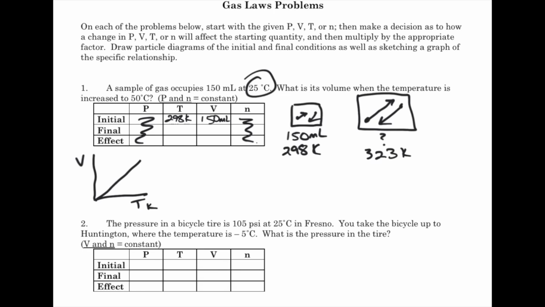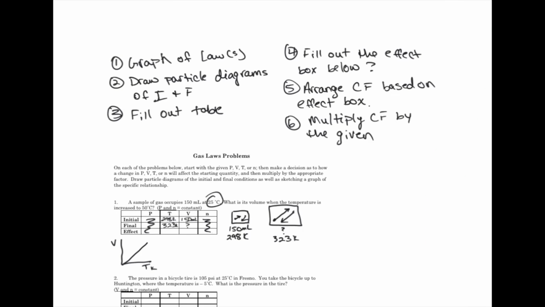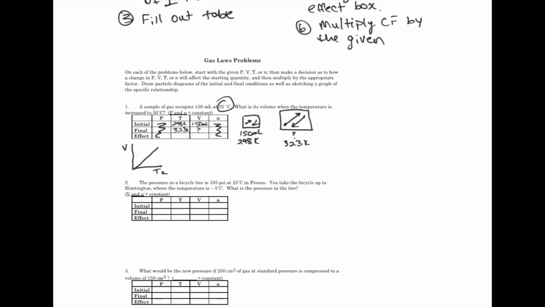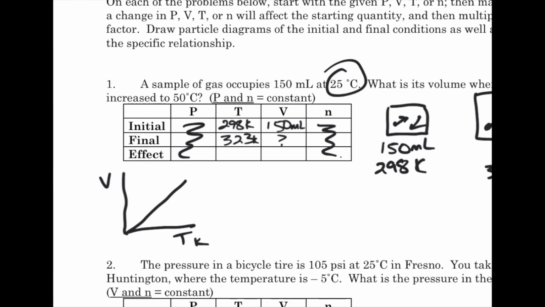Our next temperature is now 323 Kelvin with an unknown volume. Now, it says to fill out the effect box below the question mark. So we're only going to fill out the effect box right here. We're not going to use this part.